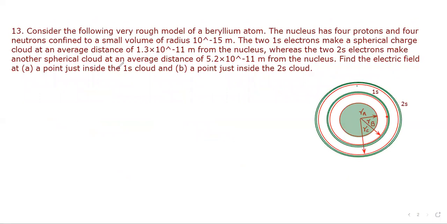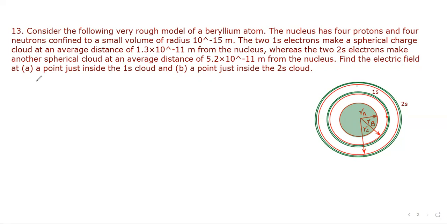Consider the next question. Consider the following very rough model of a beryllium atom. The nucleus has 4 protons and 4 neutrons confined to a small volume of radius 10 to the power minus 15 meter. The two 1s electrons make a spherical charge cloud at an average distance of 1.3 into 10 power minus 11 meter from the nucleus, whereas the two 2s electrons make another spherical cloud at an average distance of 5.2 into 10 to the power minus 11 meter from the nucleus.